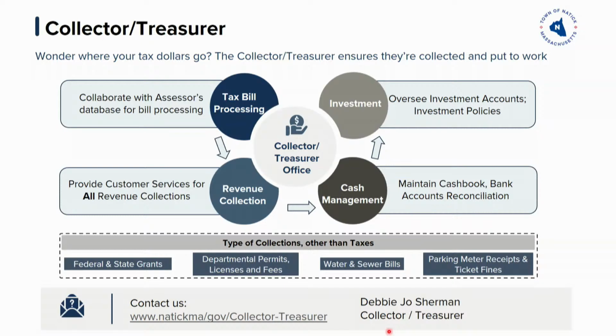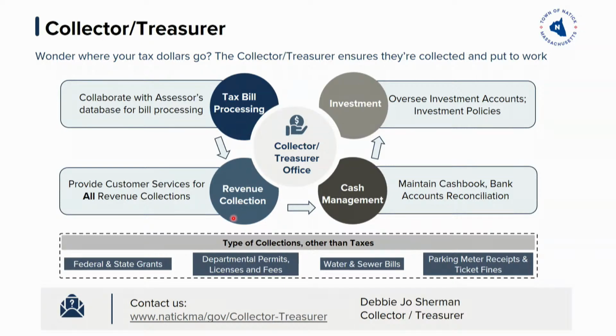First of all, tax bill processing. I'm going to get into a little bit about the collection of the tax bills in the next slide, but that's the first primary objective. As we noted, the real estate portion of the tax levy is our primary revenue source for the town, and it's important that we get those processed so we have that revenue. But we also collect other revenues in the collector treasurer's office.